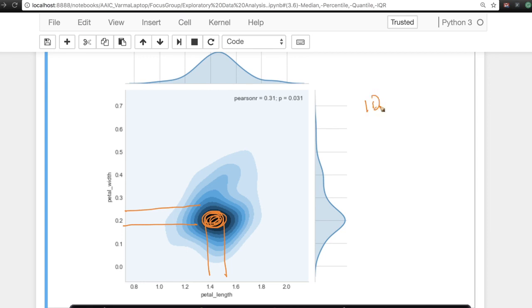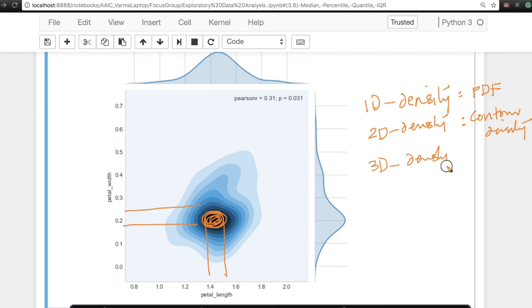Now your one-dimensional density is nothing but your PDF that we saw, right? And your two-dimensional density, your 2D density, we saw using our contour plot, our contour density plot. Now you might ask, what about 3D density plots? 3D density plots are much harder to visualize because we don't understand what 4D looks like.